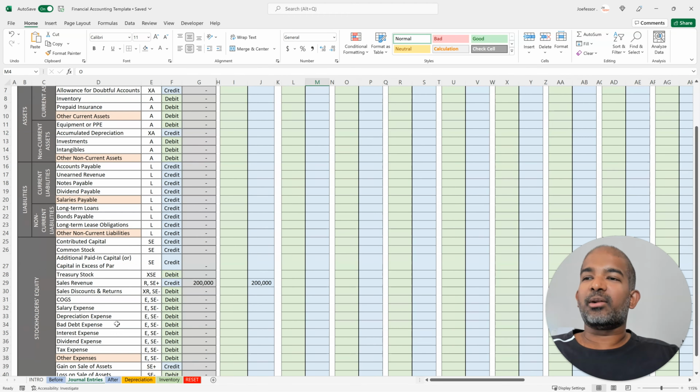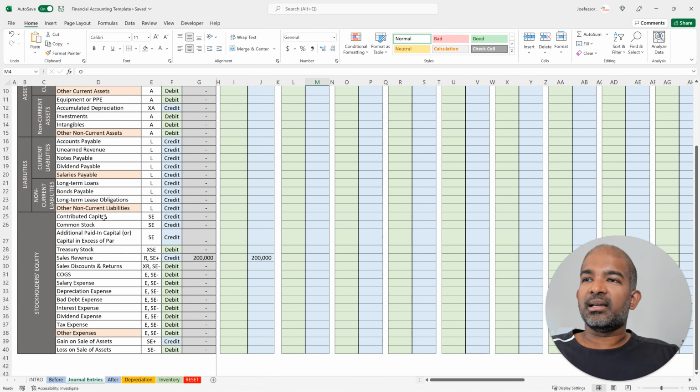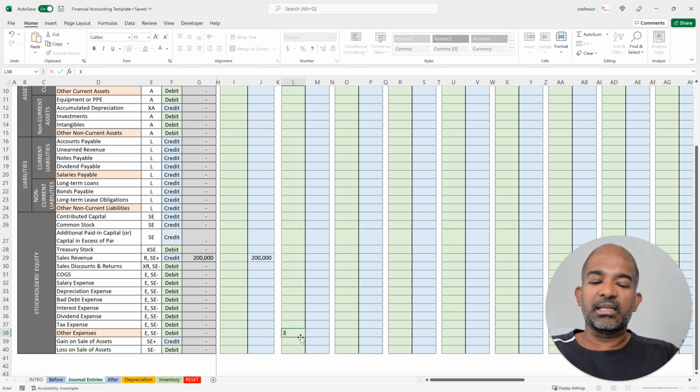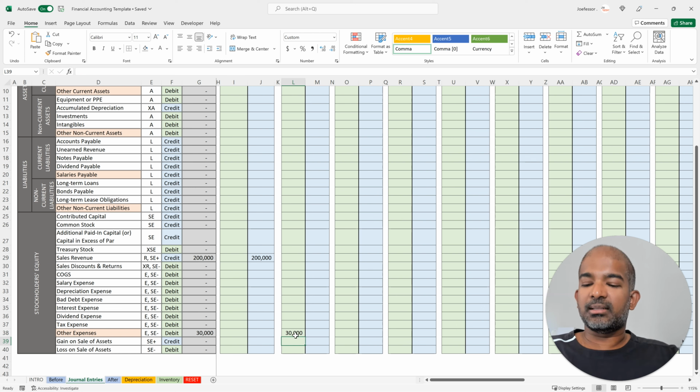And it's a rent expense. By default, I don't have a section for rent, so I'm going to use other expenses. I'm going to debit 30,000 in my other expenses account. If we want, we can rename it to rent expenses if you would like.